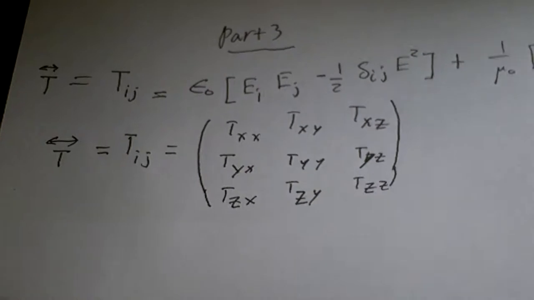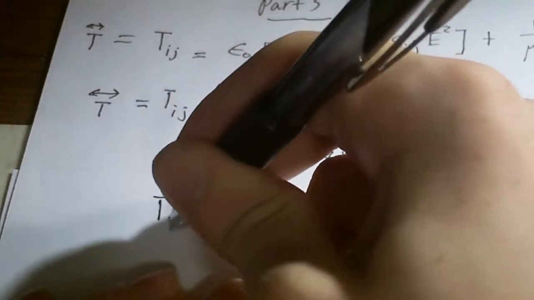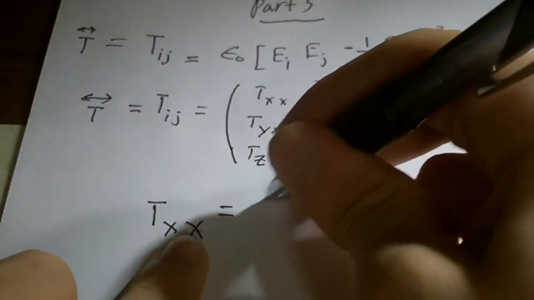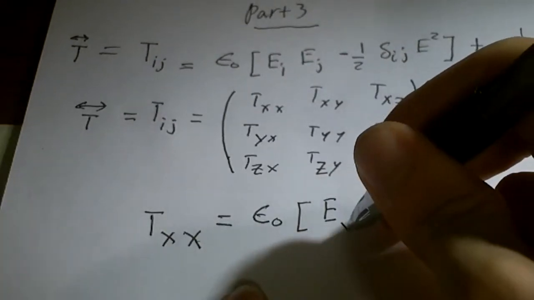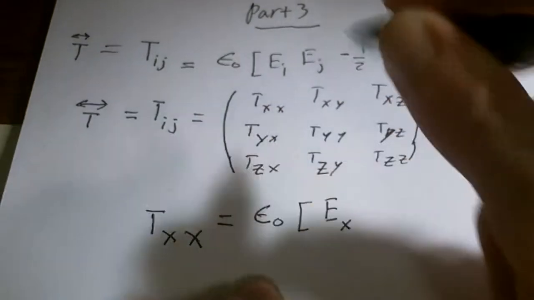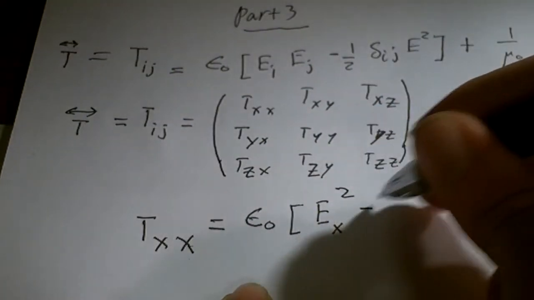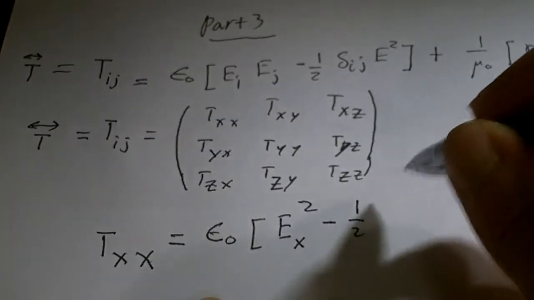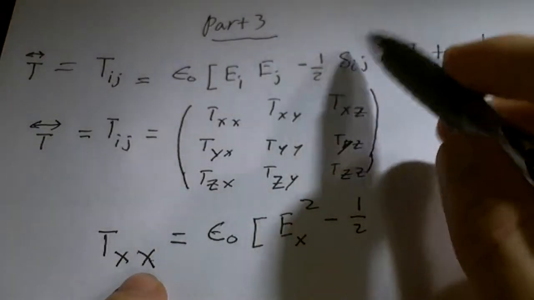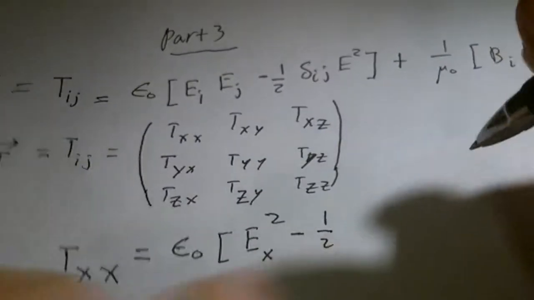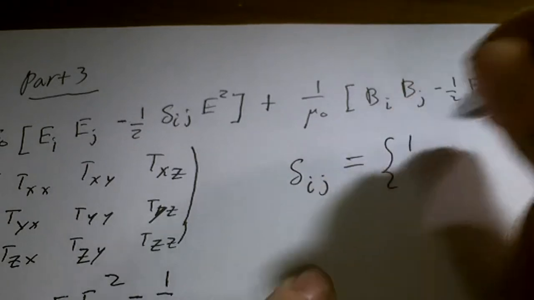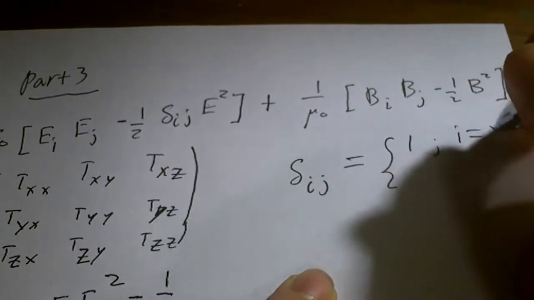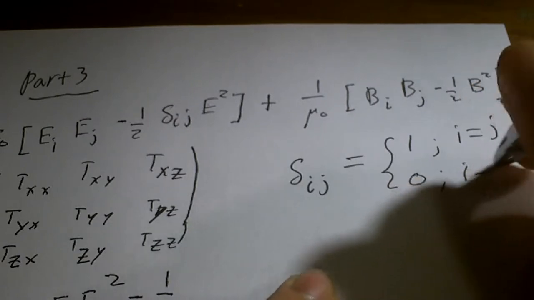Okay, so say that Txx. Txx is epsilon sub naught of Ex, since i equals j, Ex squared, minus 1/2 of the Kronecker delta of xx, which, if you recall, equals 1 if i equals j, but equals 0 if i does not equal j.